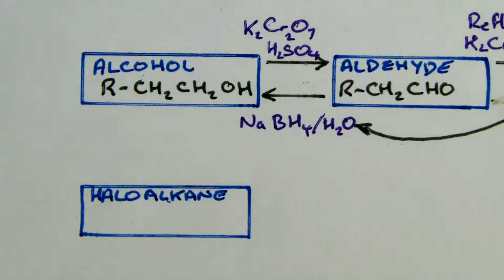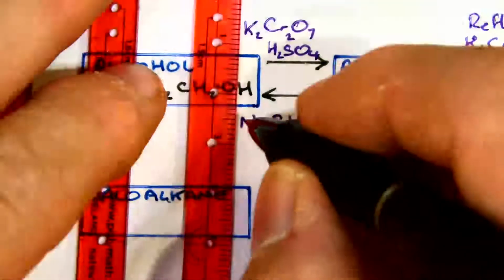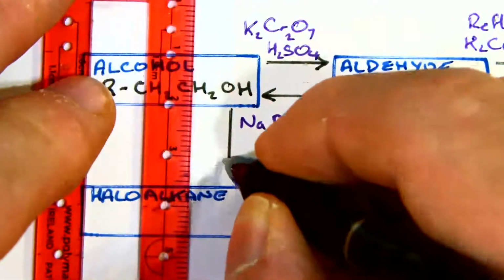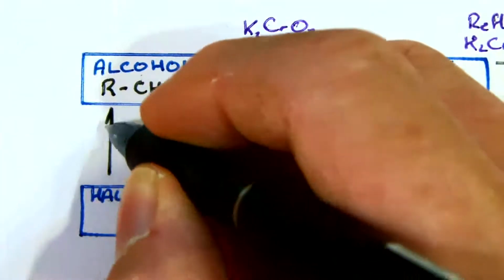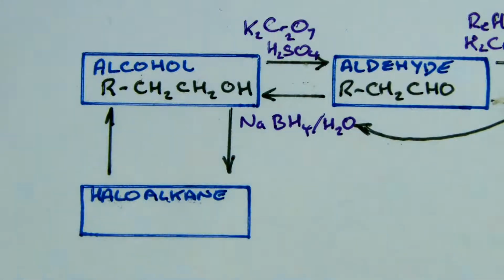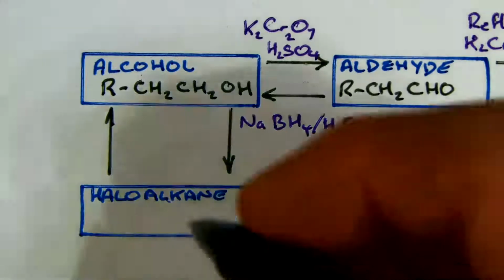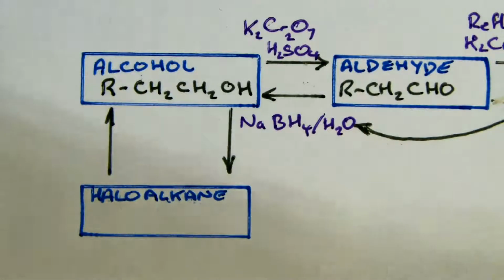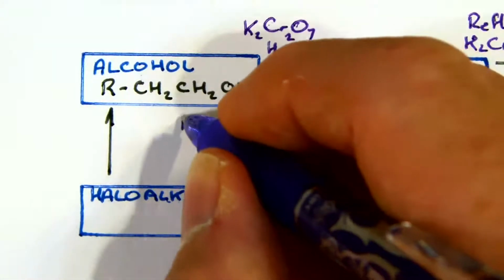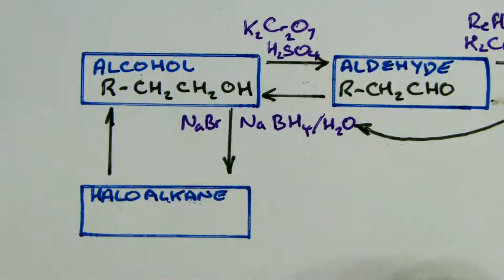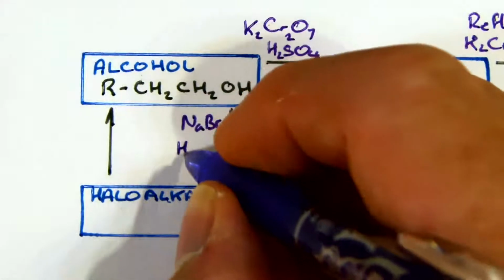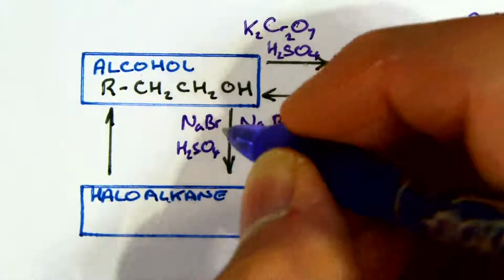To convert into a haloalkane, and back again. So how do we make this into a haloalkane? Then I would normally have something like sodium halide, something like NaBr, and I'd use H2SO4.